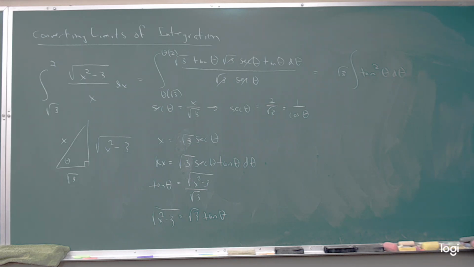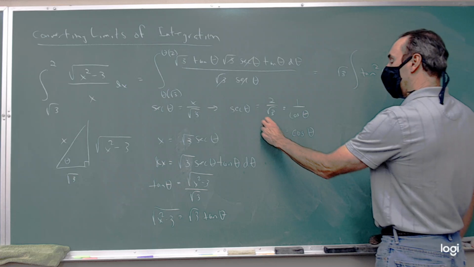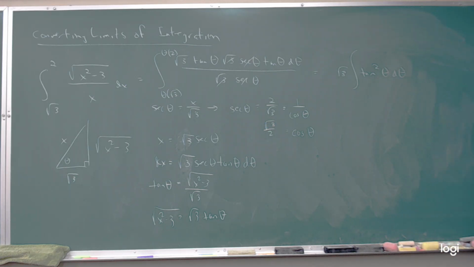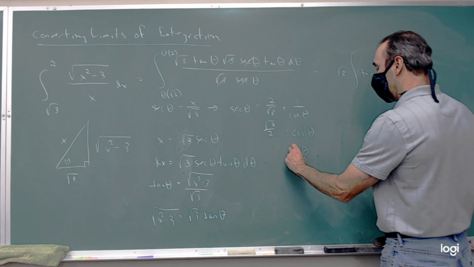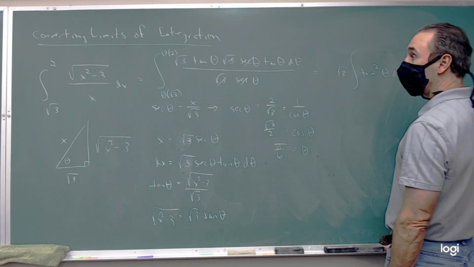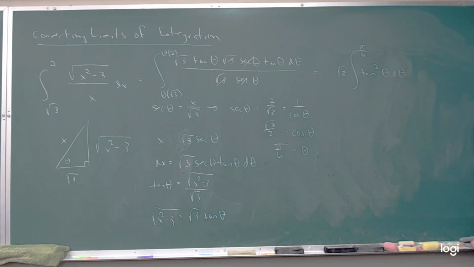To solve this for theta, we can take the reciprocal of both sides, and so we'll get cosine theta is square root of 3 over 2. It's a good thing that we fixed all of that stuff earlier. And so theta is going to be pi over 6. Good. So that was our theta of 2. So this is going to be a pi over 6 here.